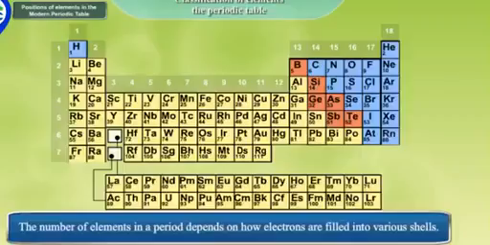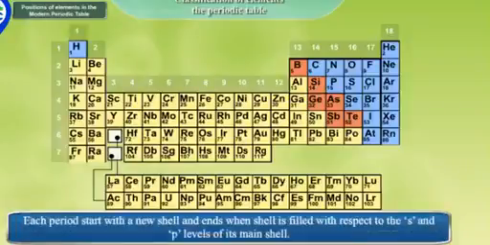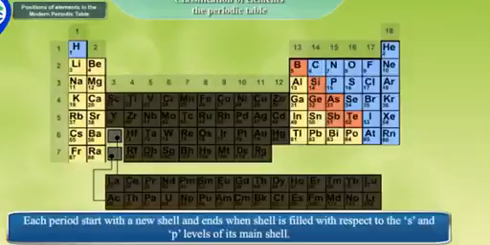The number of elements in a period depends on how electrons are filled into various shells. Each period starts with a new shell and ends when the shell is filled with respect to the s and p levels of its main shell.